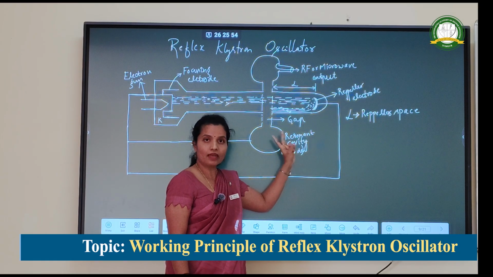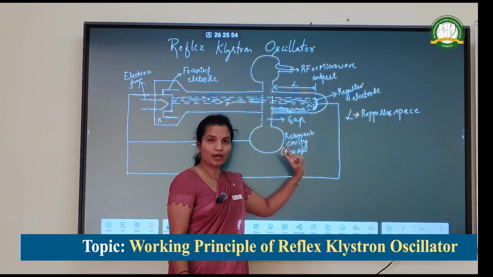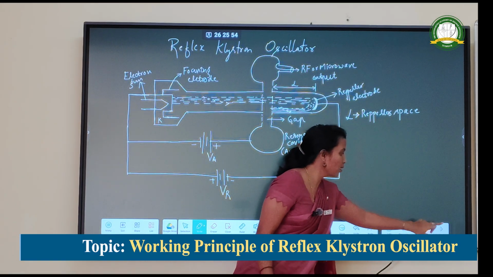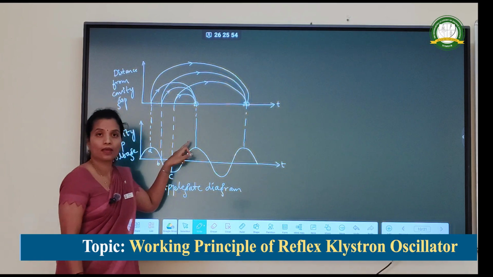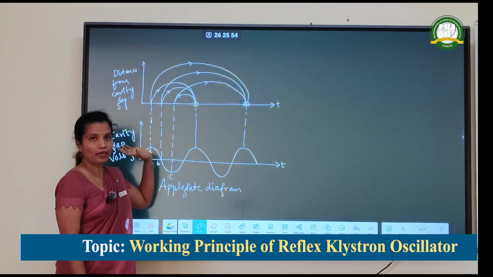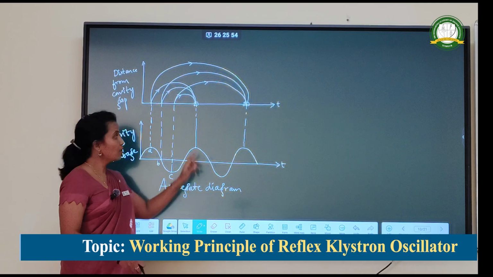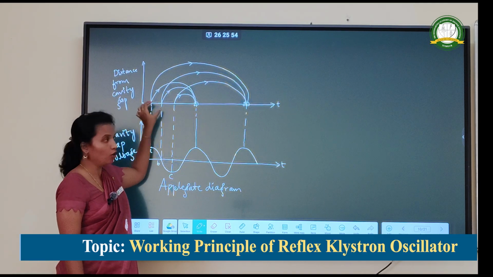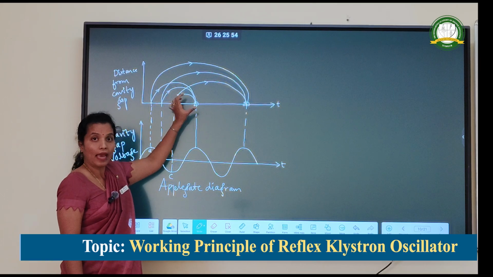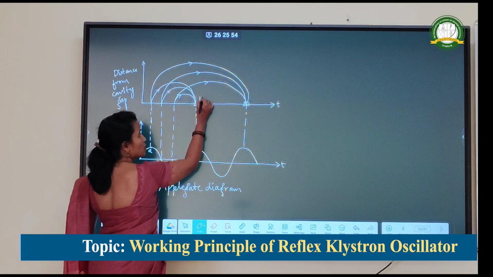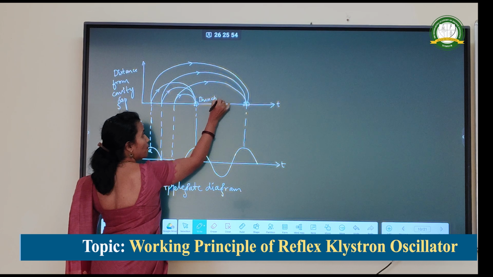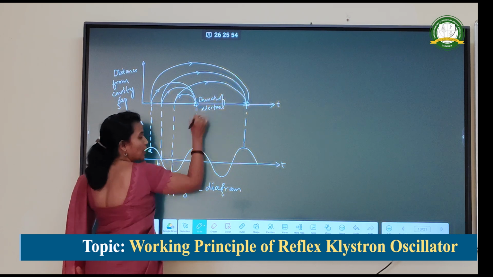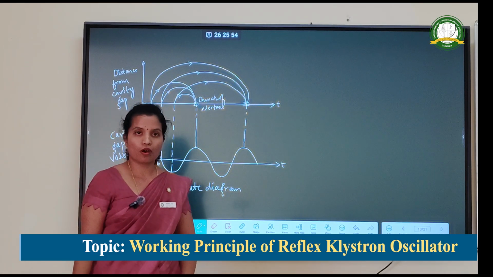By adjusting that space, these repelled electrons can coincide with the positive peak as shown in the diagram. All of those electrons coincide and form bunches. This is a bunch of electrons.